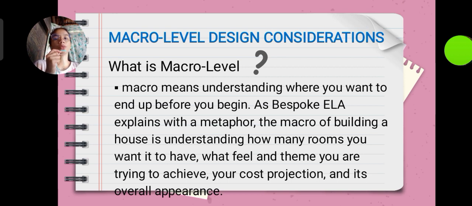So let us move into macro level design considerations. First, what is macro level? Macro means understanding where you want to end up before you begin. As Bespoke ELA explains with a metaphor, the macro of building a house is understanding how many rooms you want it to have, what feel and theme you are trying to achieve, your cost projection, and its overall appearance.